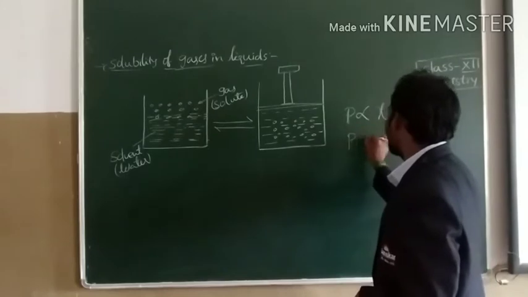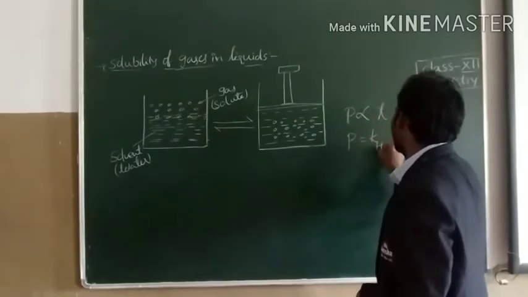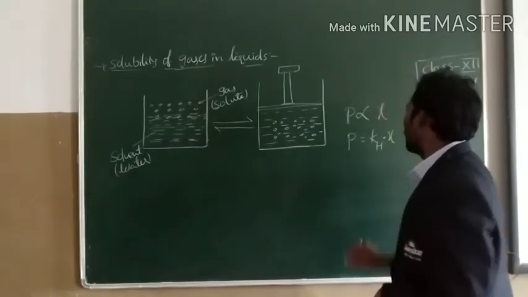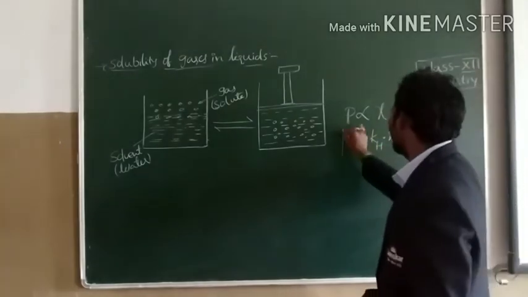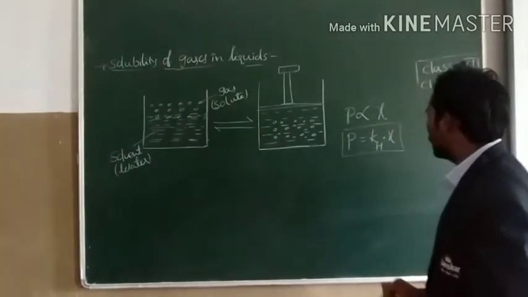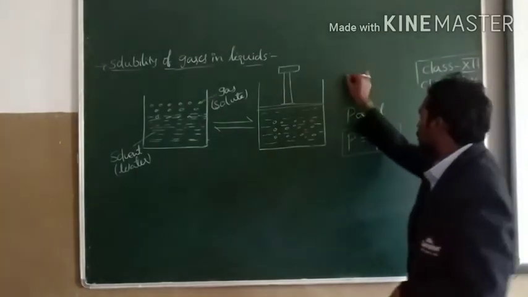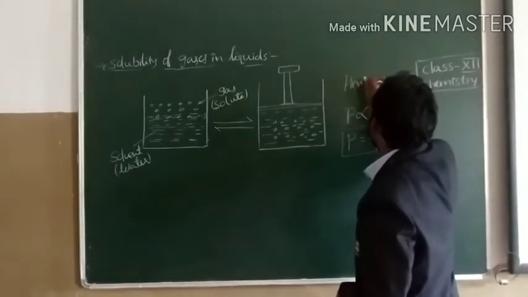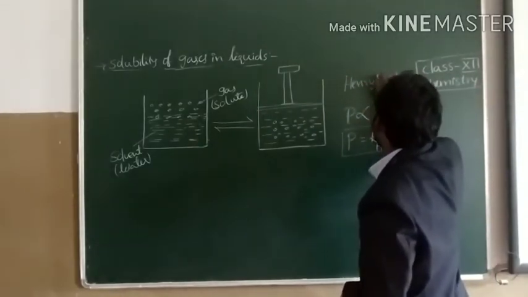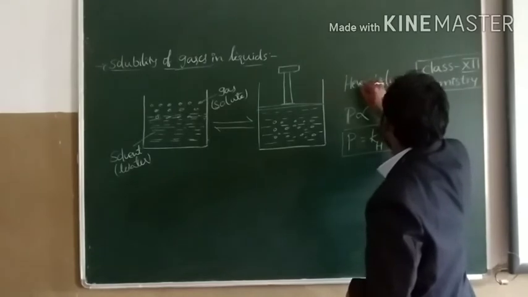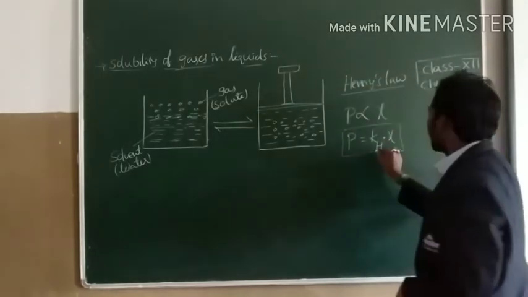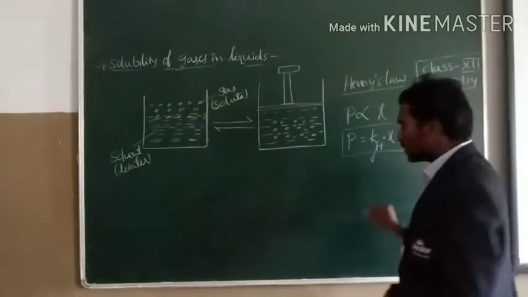It can be written as P is equal to Kh into chi. So P equals Kh chi is the chemical representation of Henry's law, where Kh is called Henry's constant.